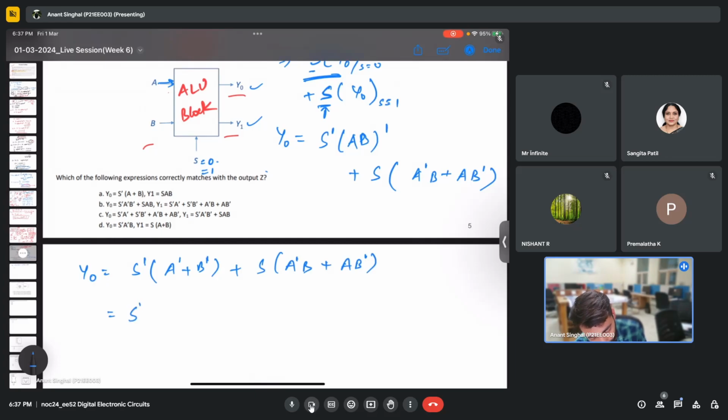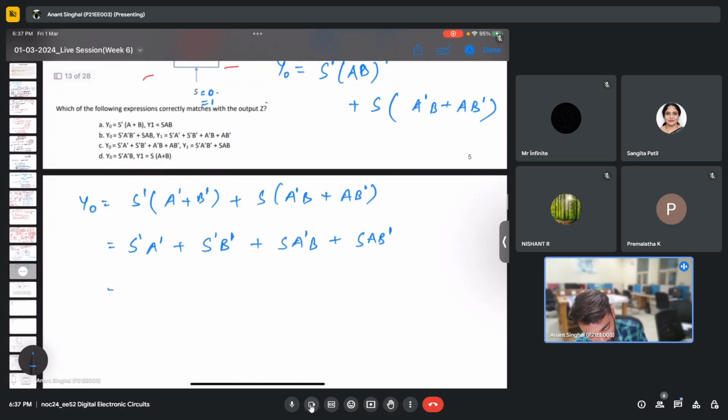Opening it completely: S complement A complement plus S complement B complement plus S A B complement plus S A B complement. Now I'm taking A complement common from the first and third terms, so this will be A complement times (S complement plus SB), and from the rest, B complement times (S complement plus SA).